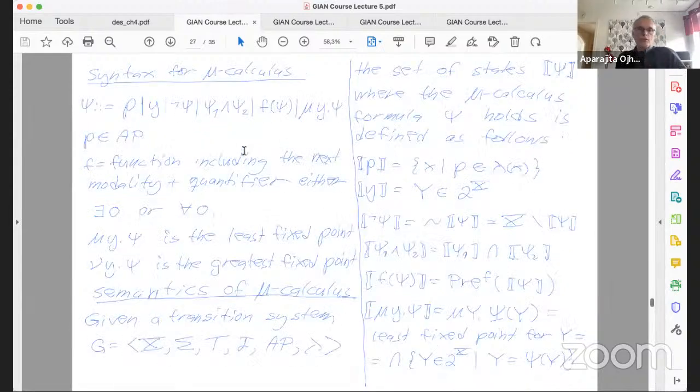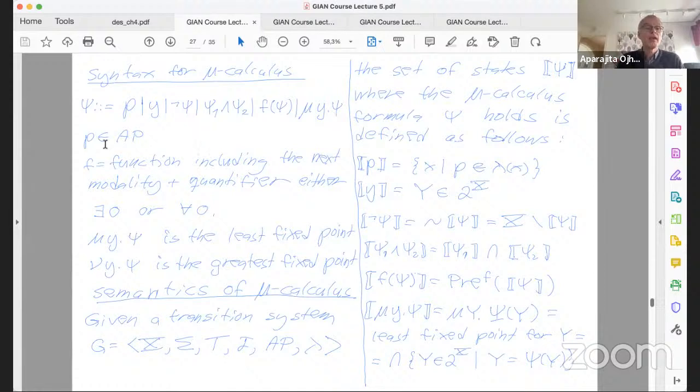So the syntax for Mu calculus is as follows. First, a Mu calculus formula can just include an atomic proposition. It can also include a variable. And if you have a variable or an atomic proposition as a formula, then you can take the negation of that one.